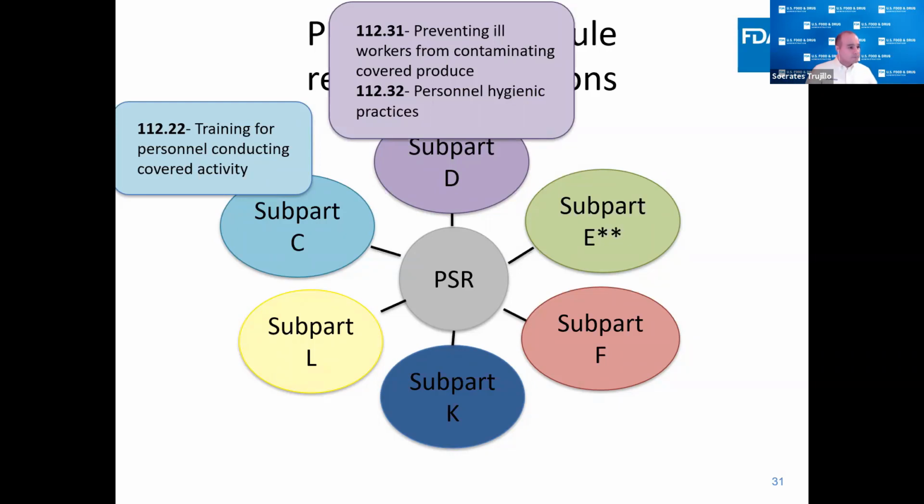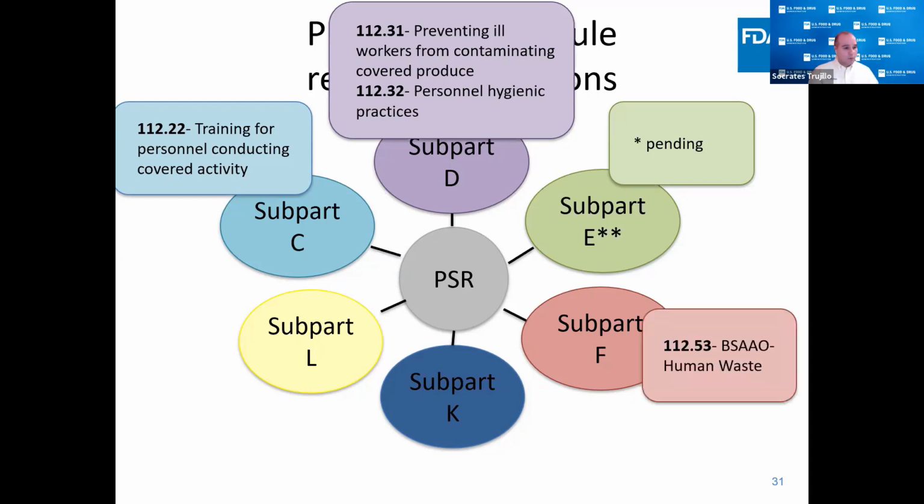Of course, Subpart D is specific hygiene practices, and so something else, how you're going to be contaminating the covered produce. Although, again, Subpart E is pending, that's the source of water. You still need to make sure the farmers understand that water may be a vehicle for the contamination of produce. So they need to pay attention specifically to the microbial quality of the water.